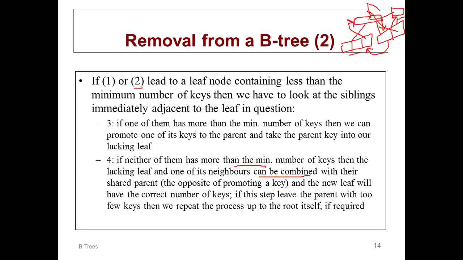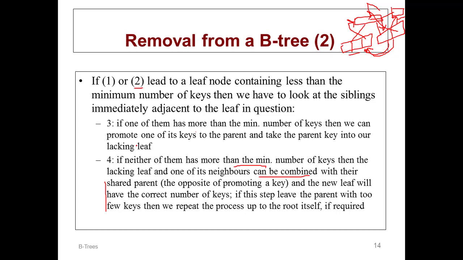In this case, this node can be combined with one of its siblings, either this one or this one, along with their shared parent key, the opposite of promoting a key, and the new leaf will have the correct number of keys. If this step leaves the parent with too few keys, then we repeat the process up to the root itself if required. This will be done repeatedly until we get the desired number of keys at a particular level.